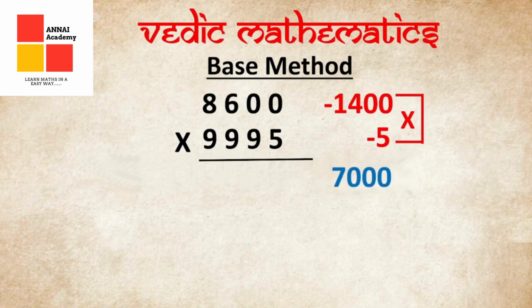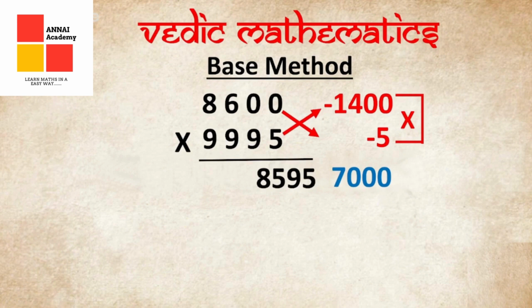Our answer is 7,000 in 4 digits. This is the answer of your right-hand side. To get the answer of your left-hand side, subtract 5 from 8,600, or subtract 1,400 from 9,995, and your answer will be 8,595. This is the answer of your left-hand side.